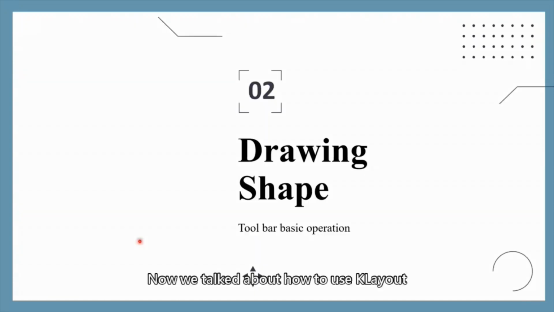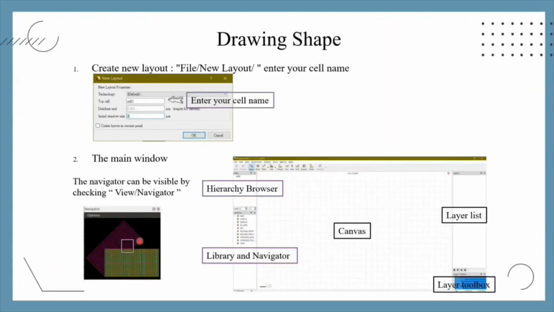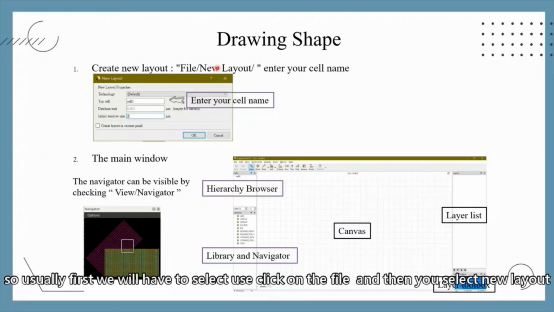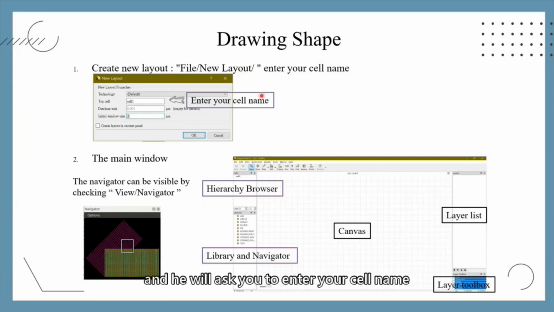Now we talk about how to use K-layout. Usually first we have to click on File and then select New Layout, and it will ask you to enter your cell name. Here you have a technology option.